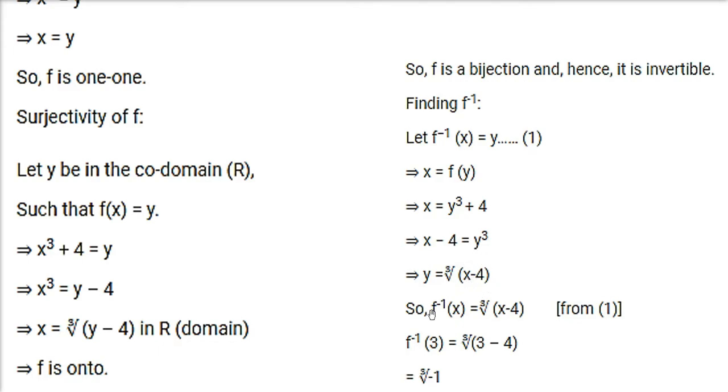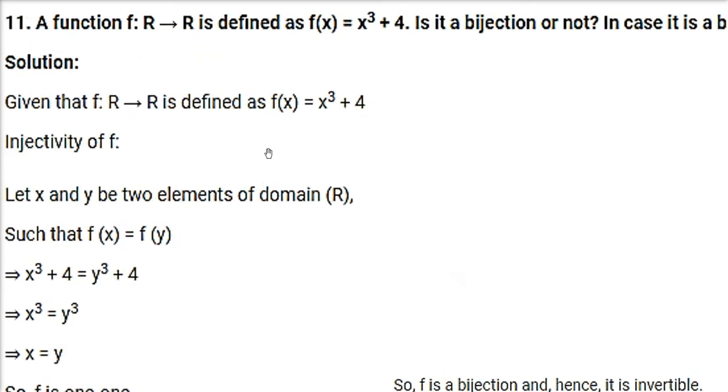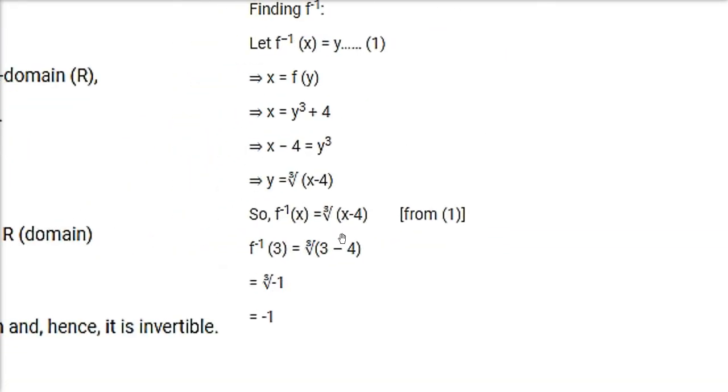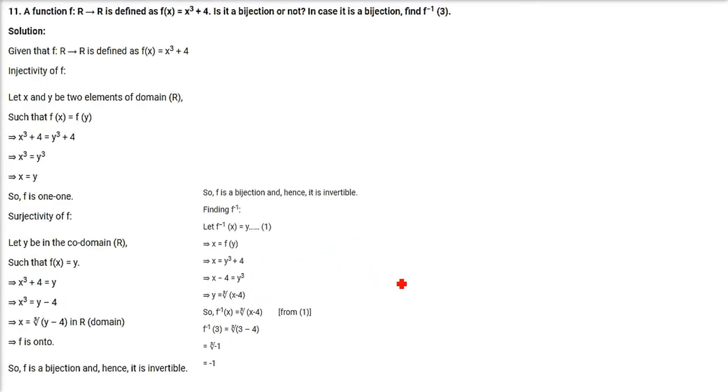Now what is f inverse 3, the value when we put 3 here? Just put it here: the third root of 3 minus 4. Let me tell you about this. x is 3, f inverse 3 we have to find out. So this is the third root of 3 minus 4. This is negative 1.